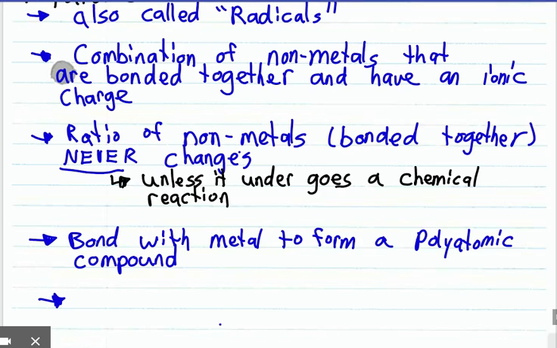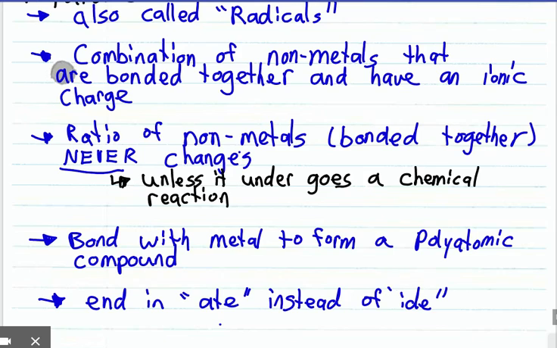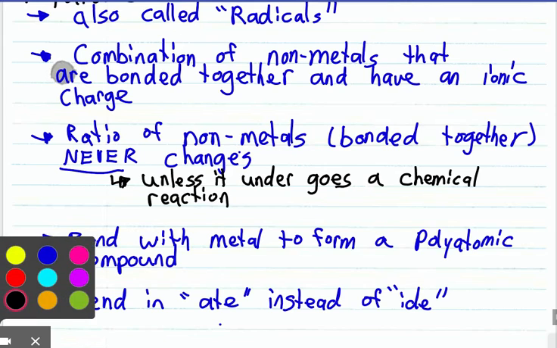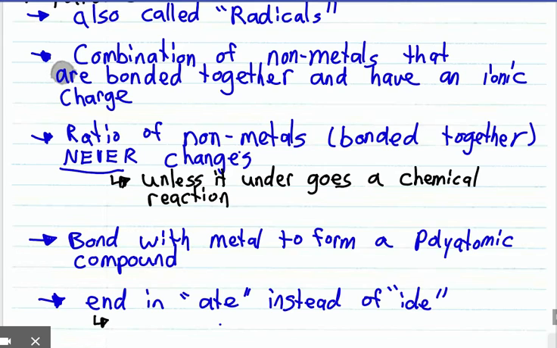And finally, our polyatomics end in the suffix ate, like we've seen above in that sulfate, instead of ide, like we've seen before. But there is an exception to this. And that exception is hydroxide.